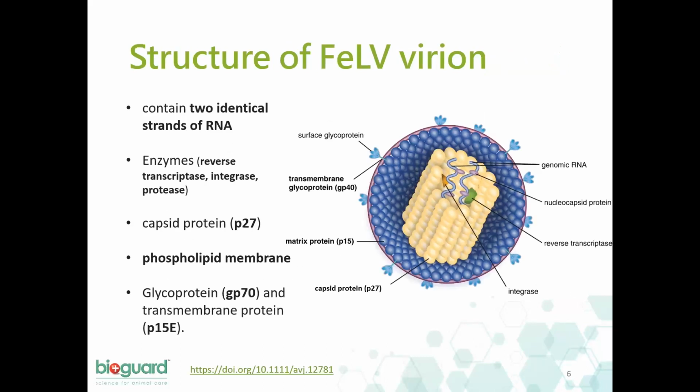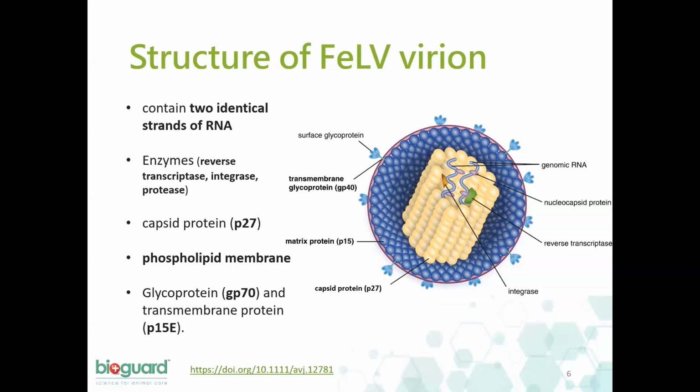This is the structure of the FeLV virion. The virion is the complete infectious form of the virus. It is made up of a protein capsid that encloses the RNA genome and other viral proteins. The surface glycoprotein is located on the outer surface of the virion and helps it to attach to the host cell. The transmembrane glycoprotein, or gp41, is embedded in the viral membrane and helps to mediate the fusion of the viral envelope with the host cell membrane.